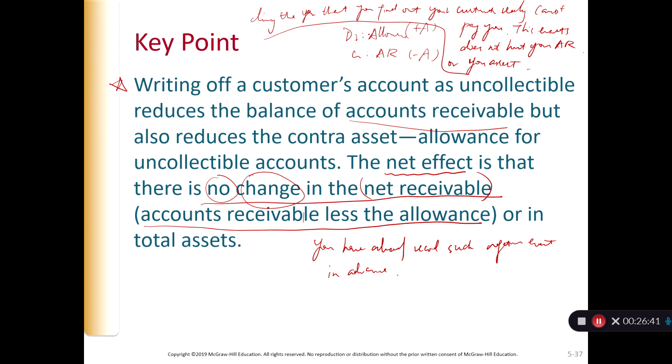Therefore, when the write-off really happens, you credit accounts receivable and debit allowance, hence there's no effect on your assets.